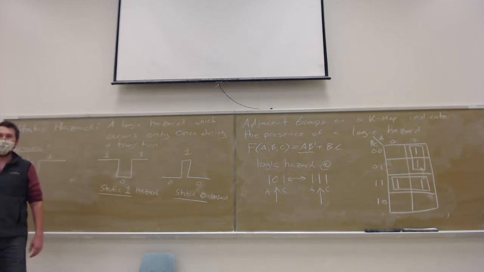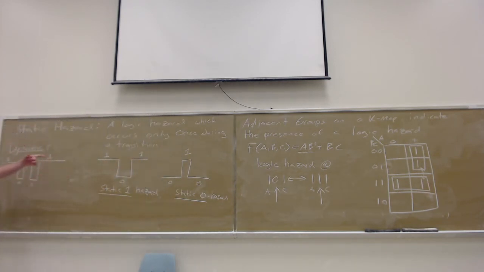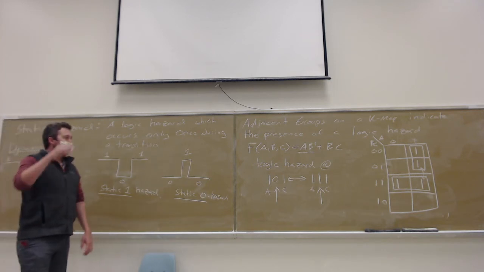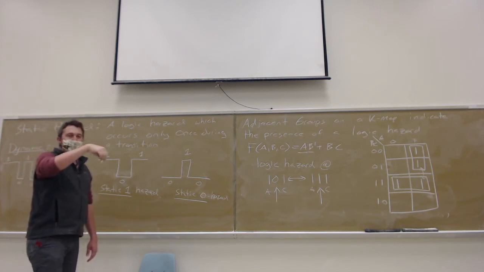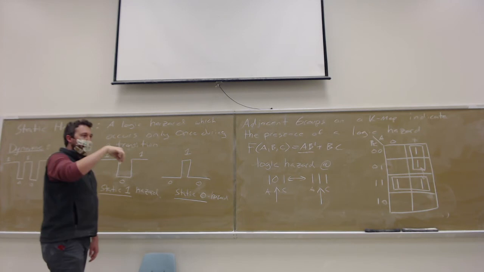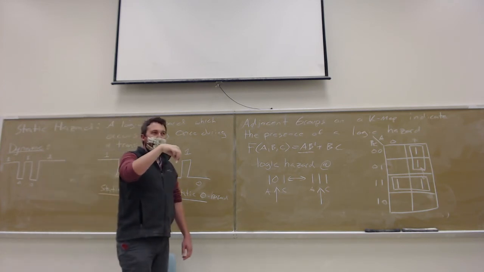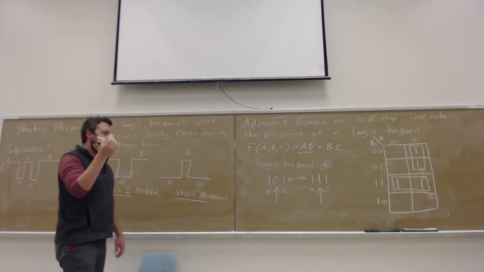We said A is equal to 1, we switch B from 1 to 0. Sure enough, the logic hazard existed. When it stayed at 1, went to 0, and then came back to 1, what kind of hazard is that? Static 1, right?